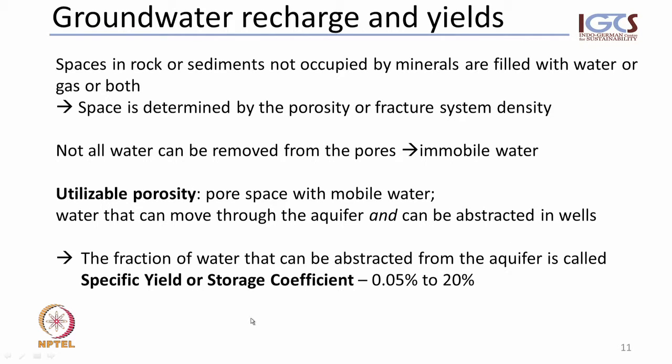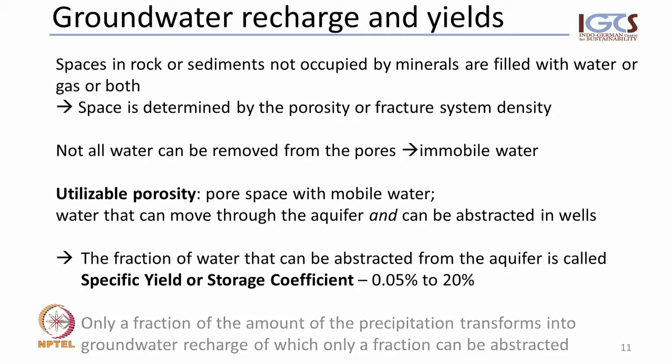So that fraction of water which can be abstracted from the aquifer is called specific yield or storage coefficient. And that can vary for fractured aquifers around 0.05%, and in a very good aquifer reach up to 20%.